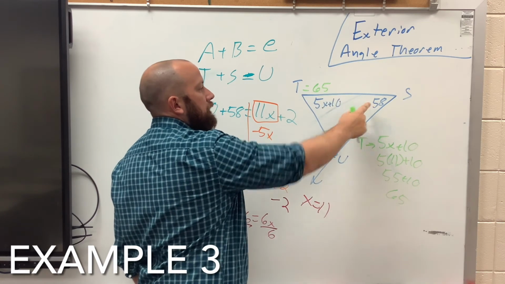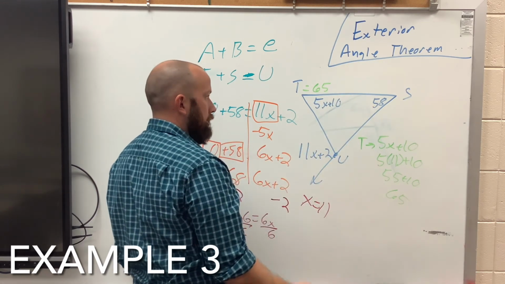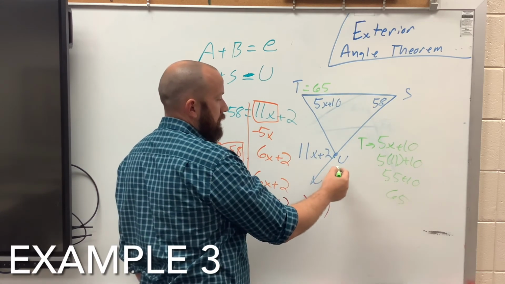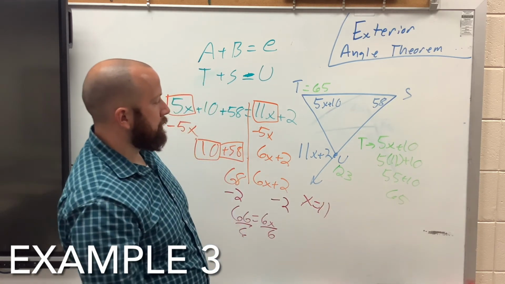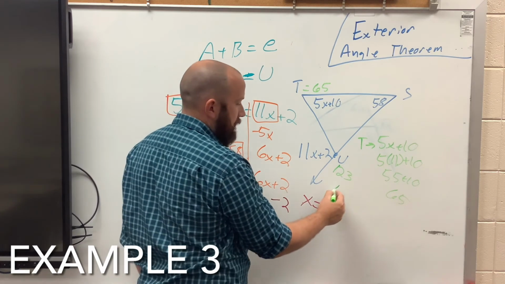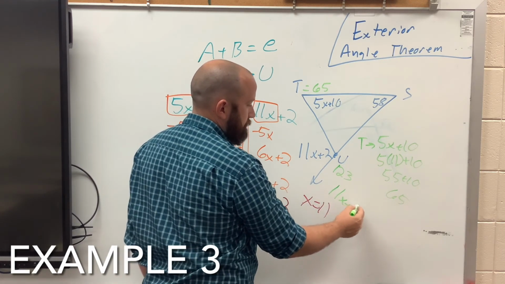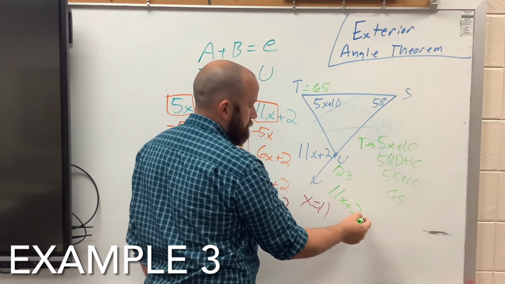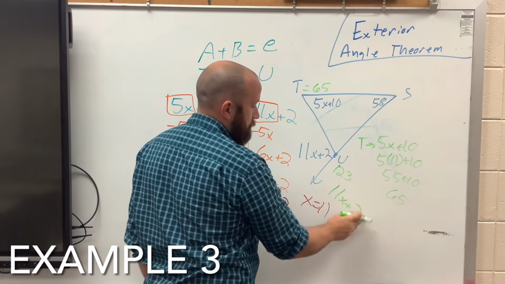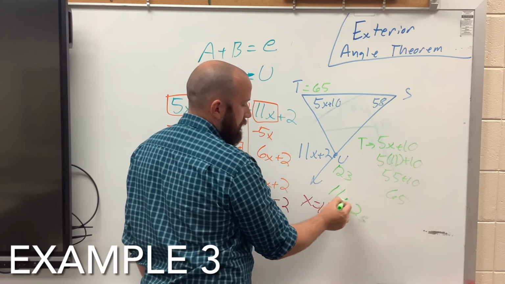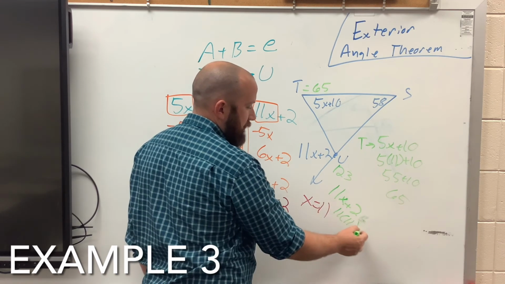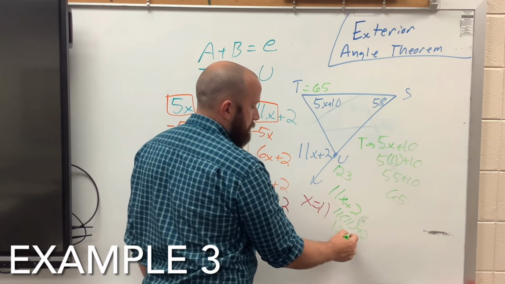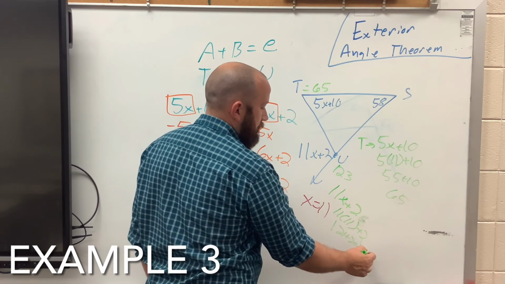We can add those two together to get 123. So this should equal 123 if you want to check it. Or plug it in. So 11x plus 2, so 11 times 11, because I'm just plugging that in, gives me 121 plus 2 equals 123. Check, check.